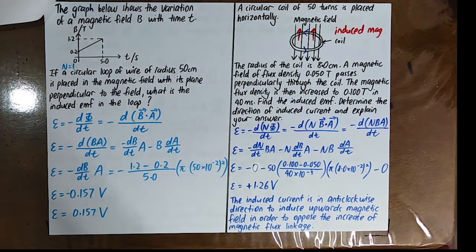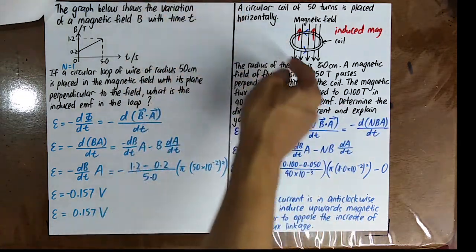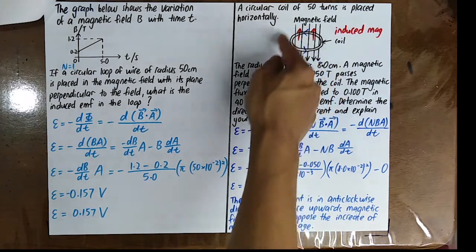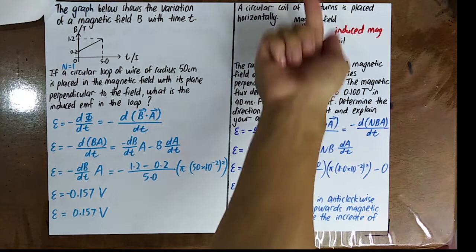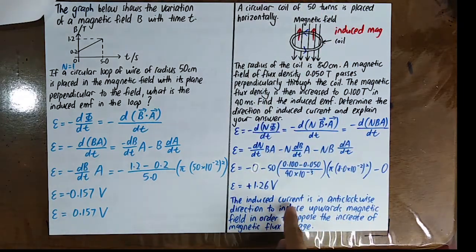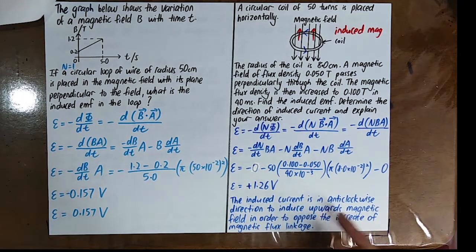Remember that the induced magnetic field is the magnetic field caused by the induced current, and by using the right-hand grip rule, you know that the direction of the induced current should be this way, so that the induced magnetic field is upward. The induced current is in the anti-clockwise direction to induce an upward magnetic field in order to oppose the increase of magnetic flux linkage.